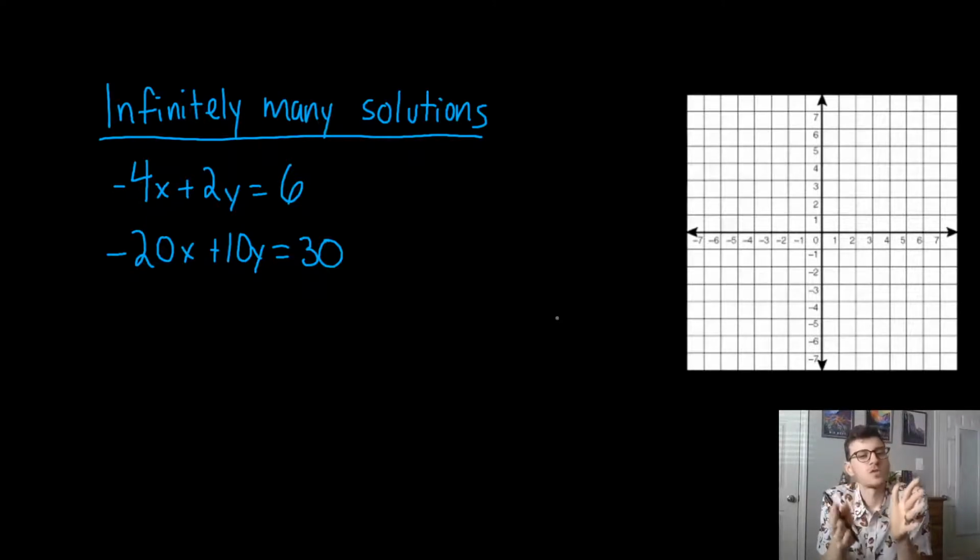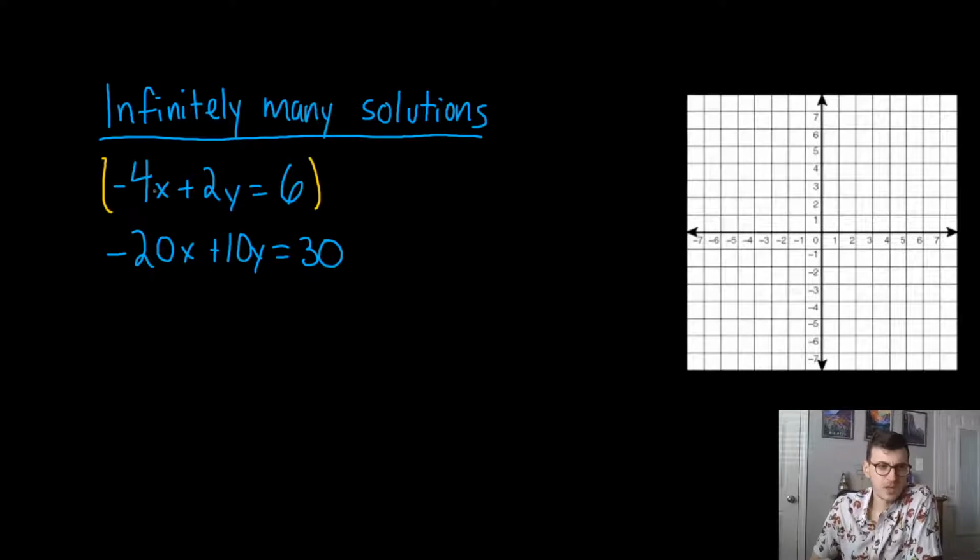If I have infinitely many solutions, let's just see. I give you these equations: negative 4x plus 2y equals 6, and negative 20x plus 10y equals 30. This makes me think I would use elimination to solve a problem like this. I want to cancel out either the x or the y.